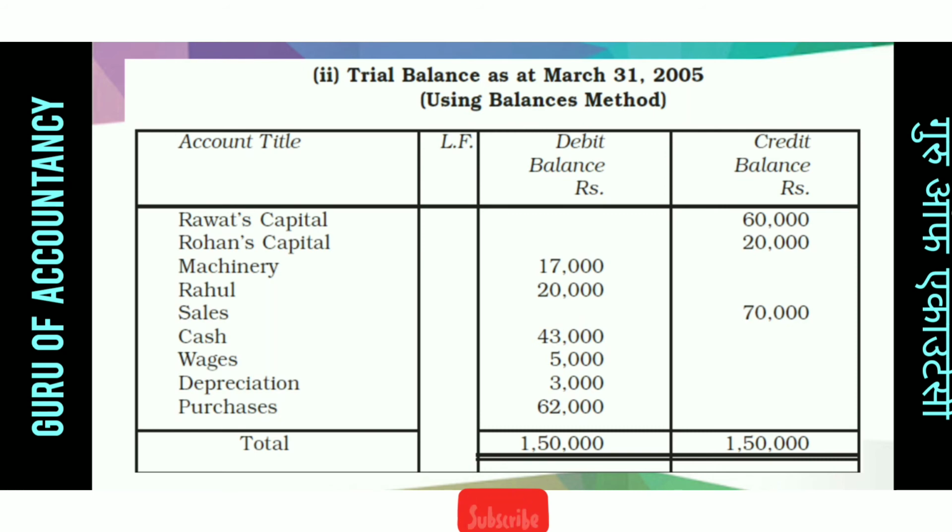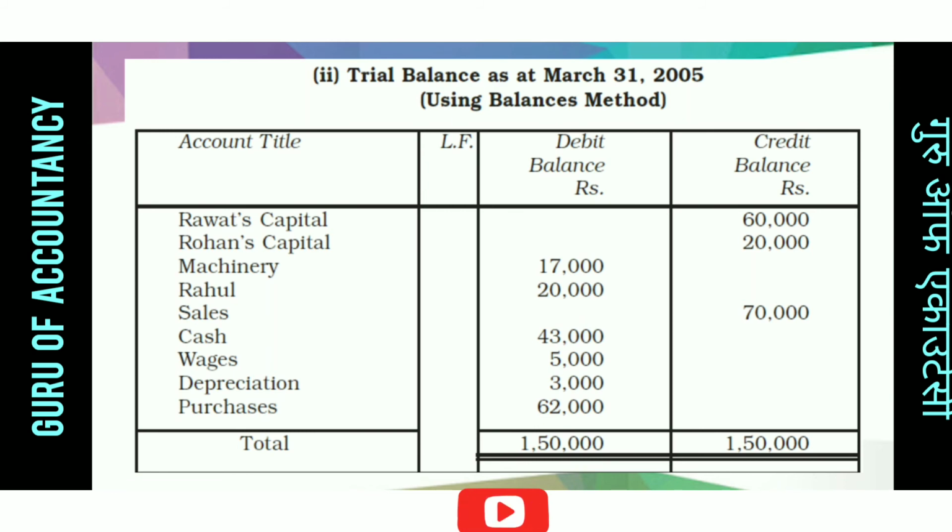You can see all the accounts are written, debit balance and credit balance are written. Rahul's account was the credit balance, so we wrote on the credit side in credit balance column. Rohan's capital balance, capital credit balance 20,000. Machinery, Rahul, sales, cash, wages, depreciation and purchase.